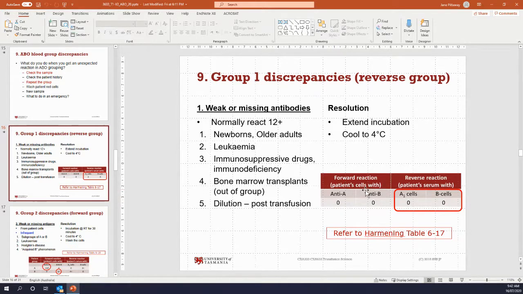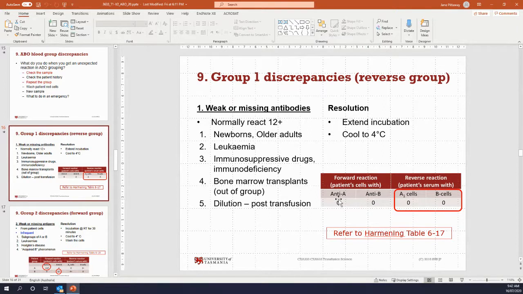Our reagent anti-B is detecting if there is any B antigen on the red cells. There is no reaction with the anti-A, so there is no A antigen. There is no reaction with the anti-B, therefore there is no B antigen. When we don't have the A or the B antigen, the group is group O. Okay, does that make sense?